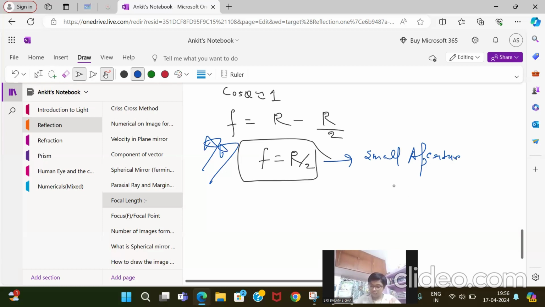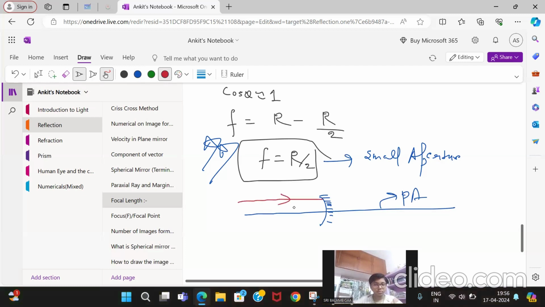Paraxial rays means the set of incident rays which are closer to the principal axis. This is the principal axis. Set means a bundle of rays like this, which are closer to the principal axis.